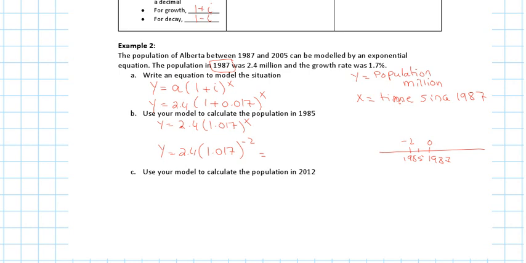So what would be the answer for that? 2 point... did you put to the power of -2? No, I switched the place. I put 1 over 1.017. That's fine. That's 2.3. That's what I got, 2.3.